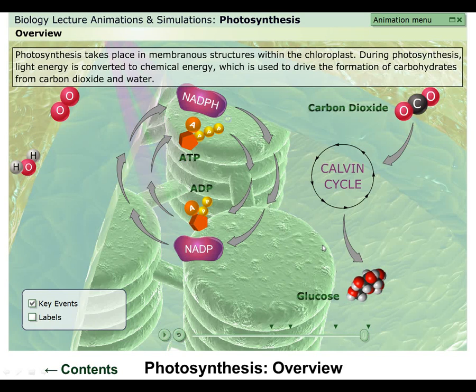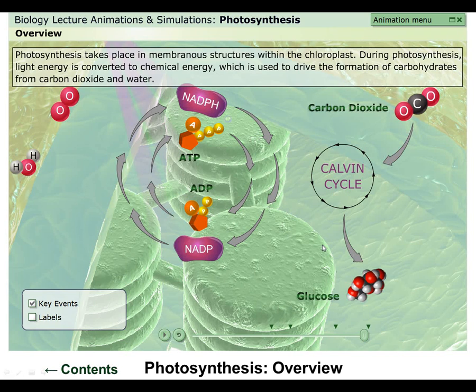What we're going to see is water. We don't see the little light photon in here, but light is going to excite water so that it can give up electrons to this pathway. As well, when this happens, we're going to produce ATP. Remember that? And we're going to make another electron-transferring molecule called NADPH. So it's going to be involved with this transferring of electrons. That will happen during what we call the light-dependent reactions.